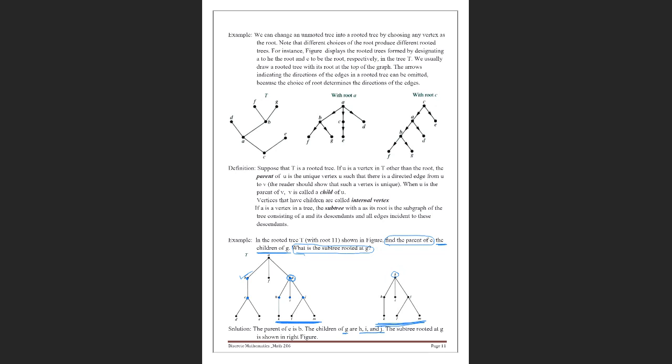So the subtree rooted at G is shown in the right figure. Do you understand this?